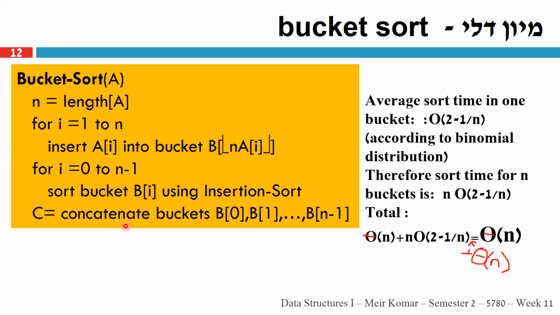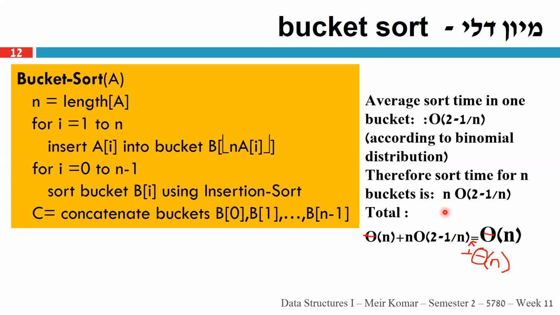It's theta of n. So if that's the equation, how did I get to theta of n? Because think about this: 2 minus 1 over n is O of 1, multiplied by n. So it's theta of n plus theta of n.